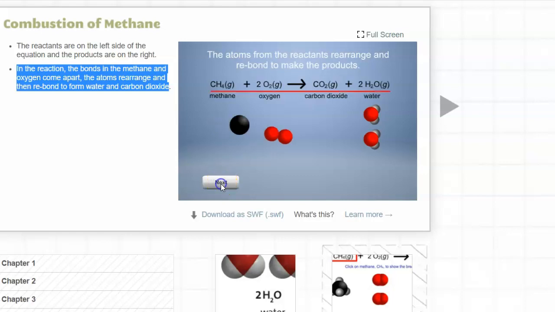Let's keep watching. All right, it looks like we have carbon bonded with the last 2 oxygens that were left over to create carbon dioxide and water. So that's an example, guys, of a chemical reaction happening, and that is the chemical equation.